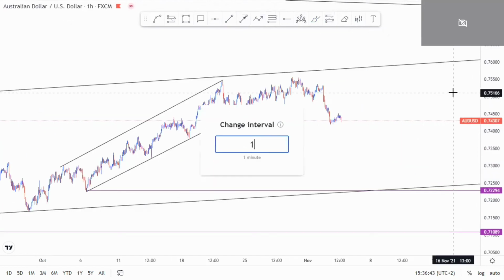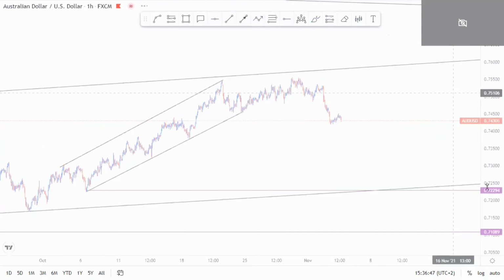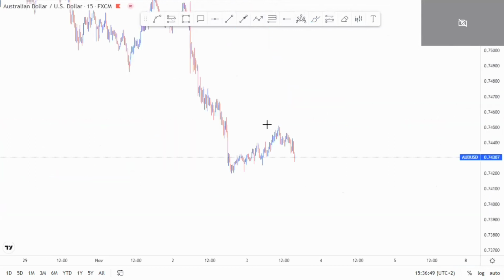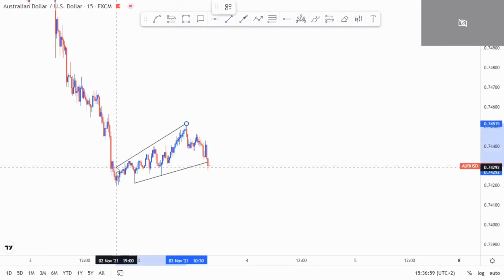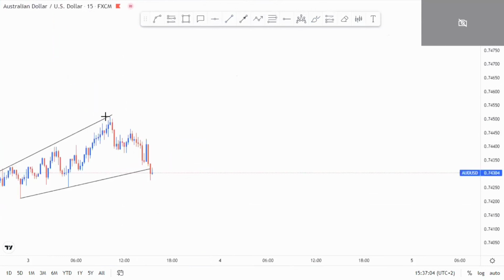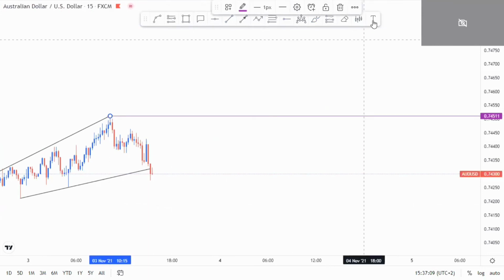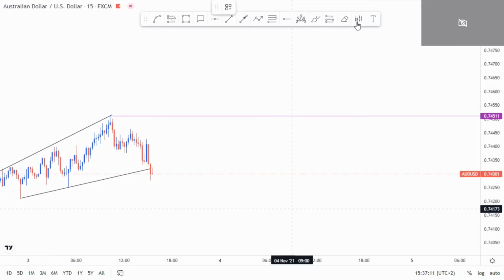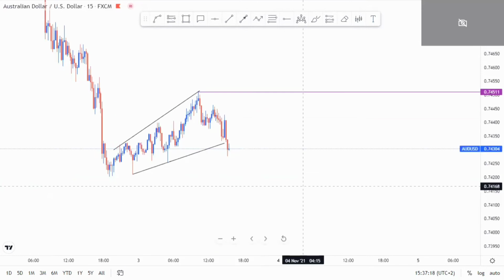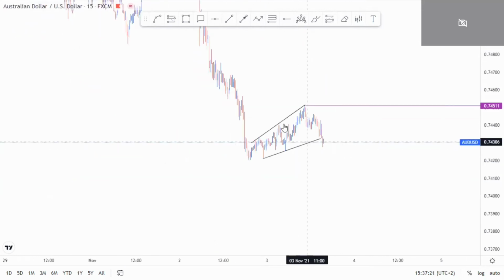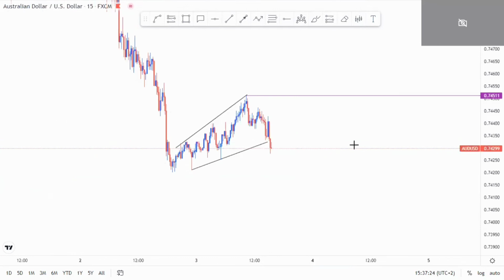Going to the 15-minute time frame for a possible entry. See here, 1, 2 touches. I see on the other side no touches, but yeah, this is what I have. And this area over here, see, okay, we have an expanding pattern or something like that, a triangle, but I wouldn't enter right now.